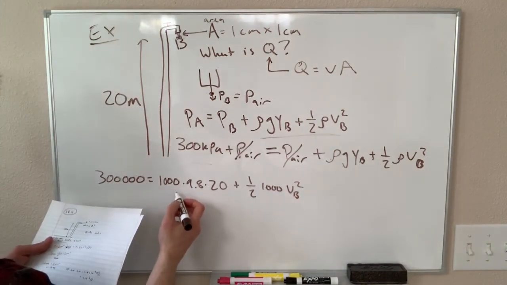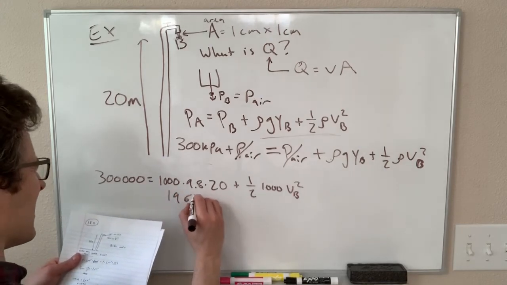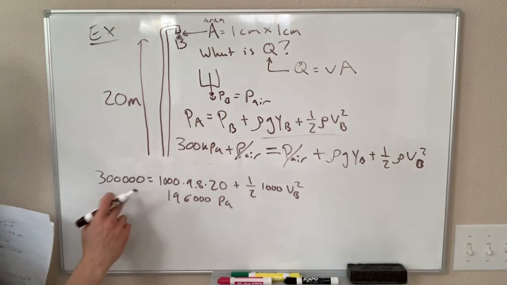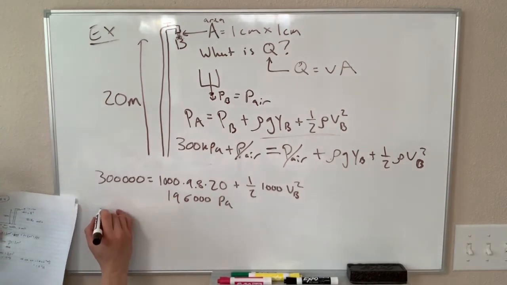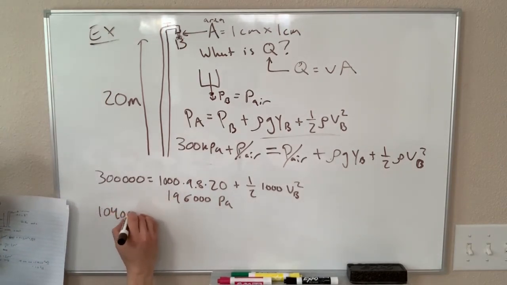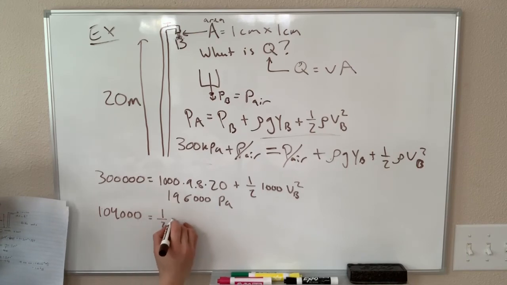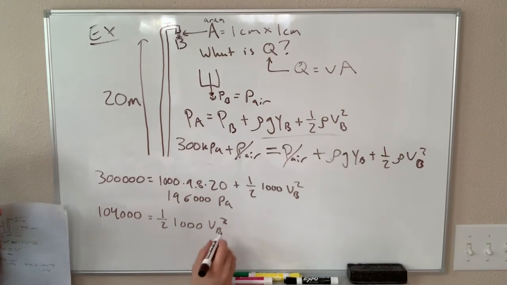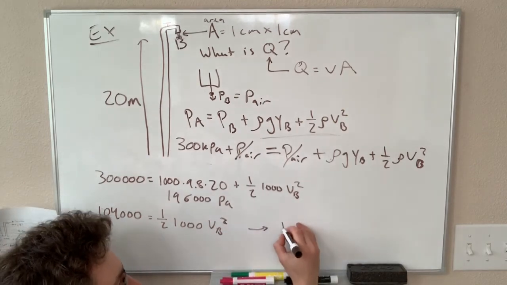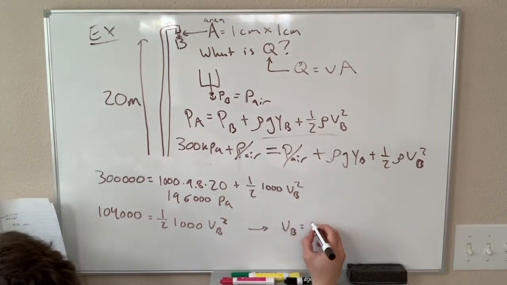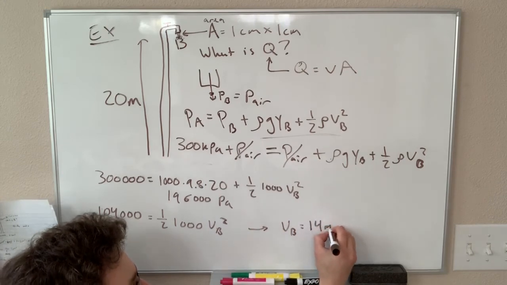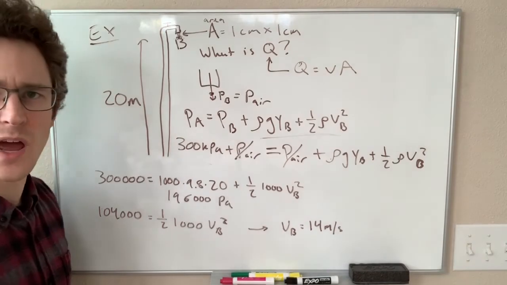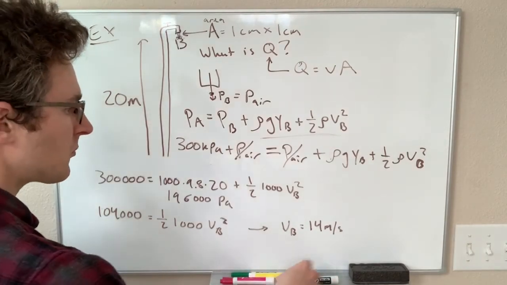This term here was equal to 196,000 pascals. So this minus that is 104,000 pascals equals 1/2 times 1,000 times V squared. This gives us a value for the velocity at point B equal to 14 meters per second, which is like 30 miles an hour. That's pretty fast.